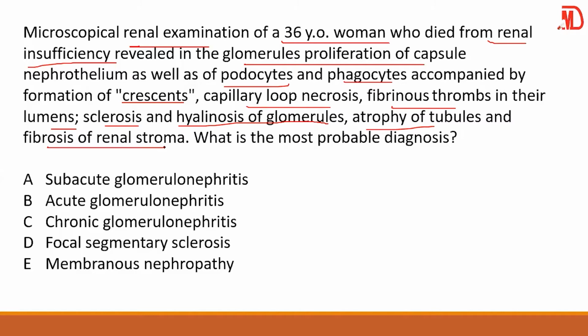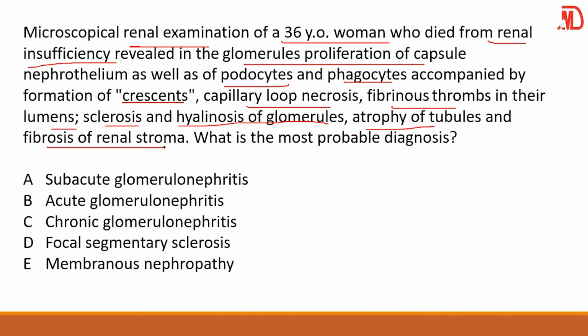So definitely you are thinking of this as what? As a glomerular nephritis. But what is the type? Is it acute, chronic, or subacute? And ladies and gentlemen, this is subacute. In subacute, it is characterized by the symptoms of glomerulonephritis, like proteinuria, hematuria, edema, azotemia, persisting for many days and even weeks.